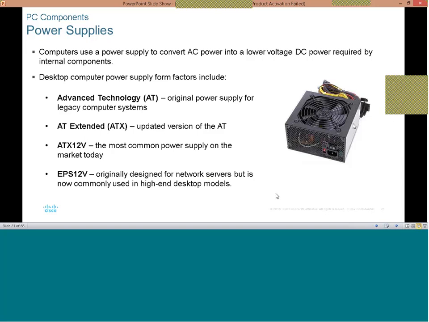The power systems for enterprise servers are quite different from what you use for your normal desktop. Remember, computers and servers are quite robust and are used for high-end activities, so they have a special power supply form factor, which is the EPS 12 volt.